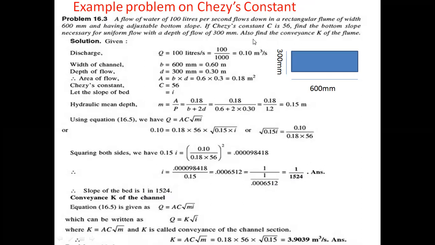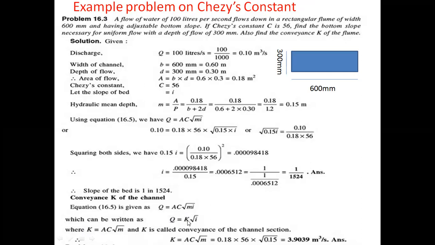Here also we found the I value using the problem. The problem also asks for the conveyance K value of the flume. Q equals K into root I, where K equals A C root m. Since Q equals A C root m I equals K into root I, the I on both sides cancels.